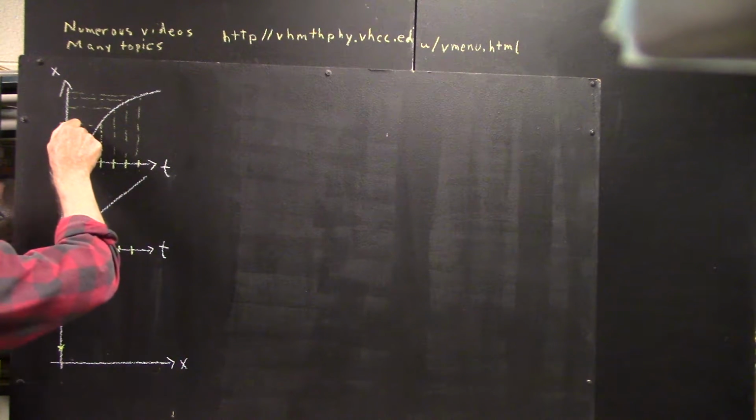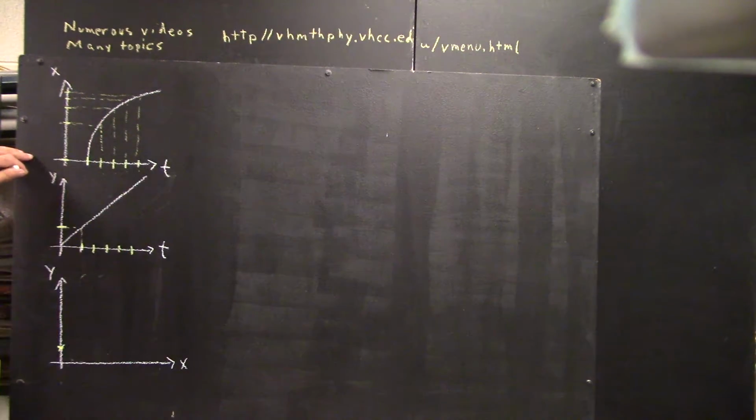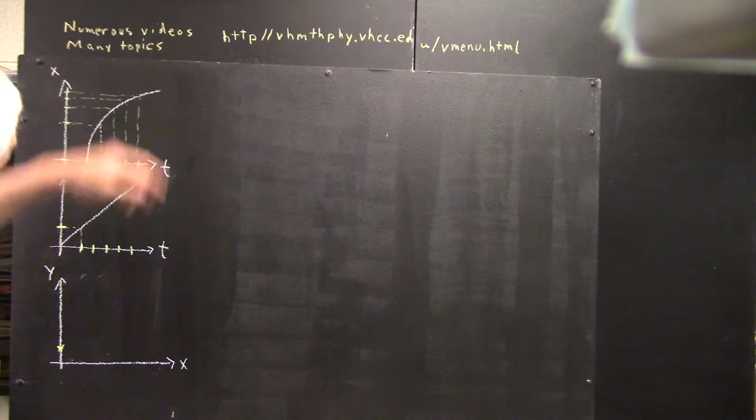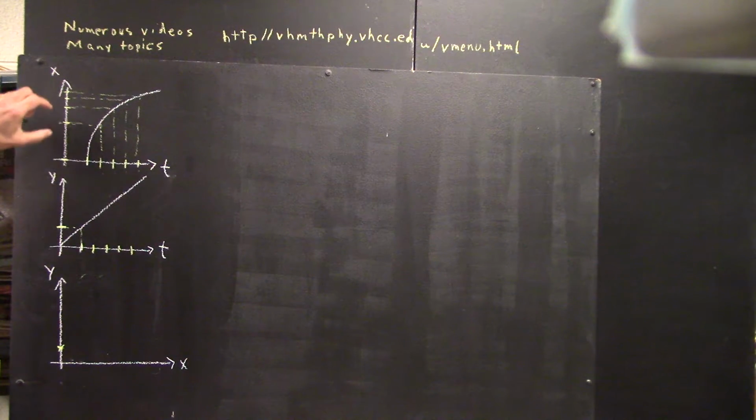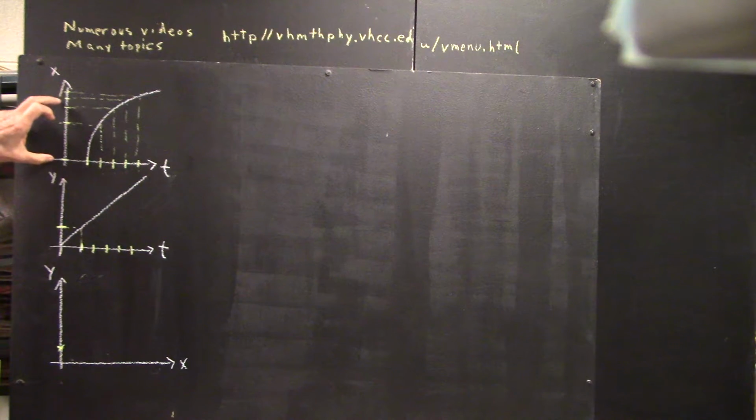So we see that our x values for this function are going to become more and more closely spaced. So we have an x value at 0, we have an x value here, here, here, and here.